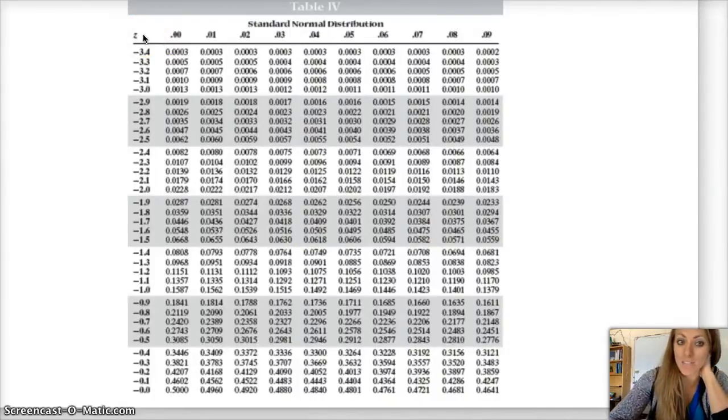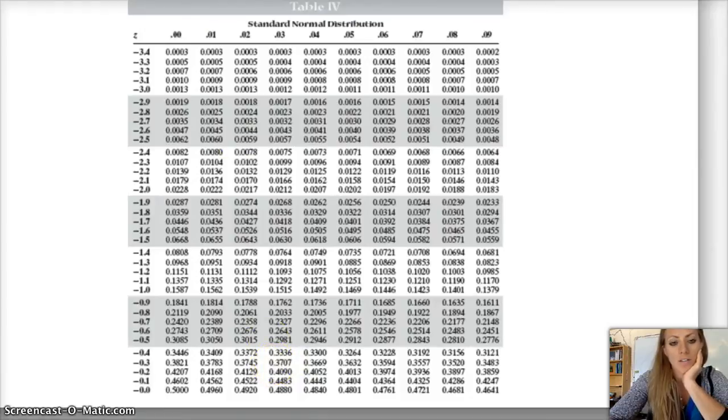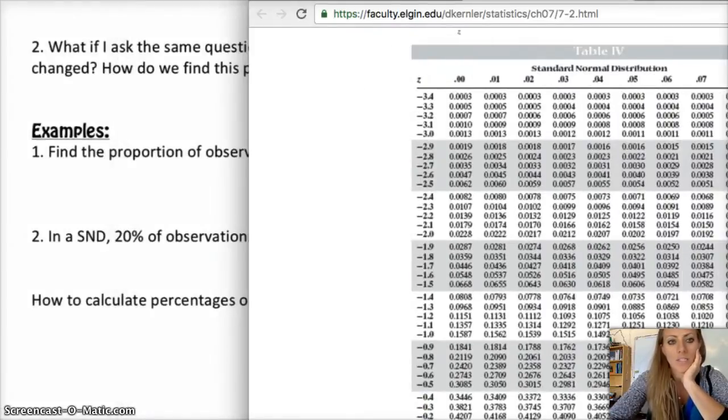We have a negative z-score, so I'm going to find negative 0.3 down here, and then I go over to negative 0.33, where they intersect. The area below our z-score of negative 0.33 is 0.3707.